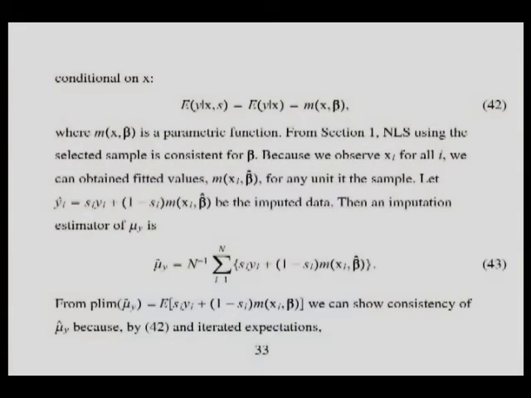Okay. So let me just show you a simple way that imputation is done and the pros and cons of it. Suppose that we actually want to estimate the unconditional mean of y, and we make the missing at random assumption where the x's are always observed, and we actually know what the conditional mean of y given x is.